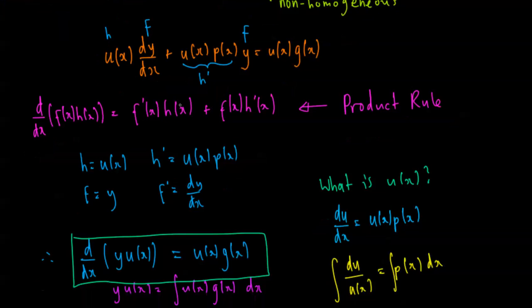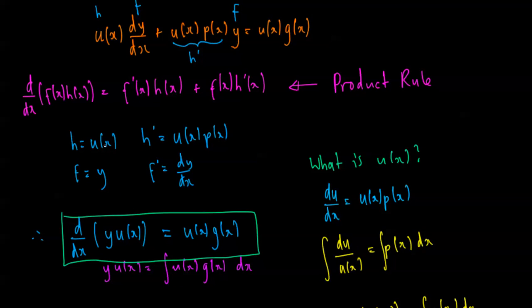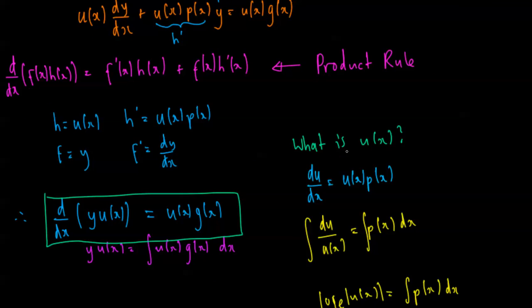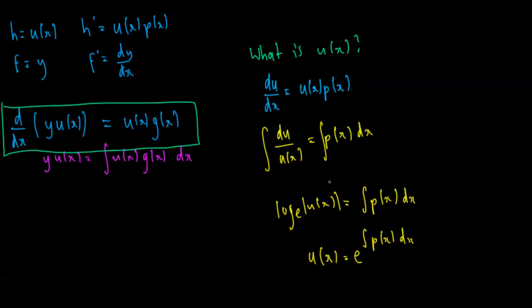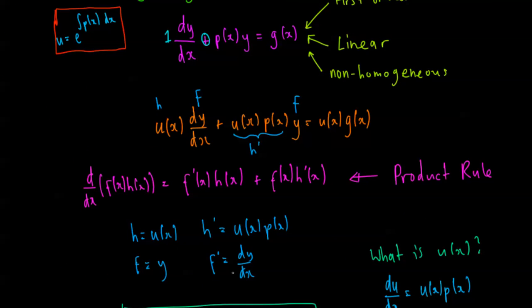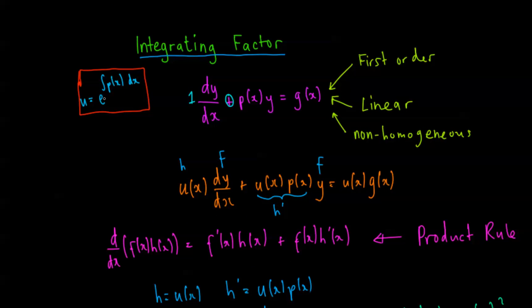It's by seeing that if we introduce a function, we can use the product rule to help simplify, and our choice of u of x is e to the power of the integral of p of x dx, where p of x is the coefficient of y, with a +1 out the front.